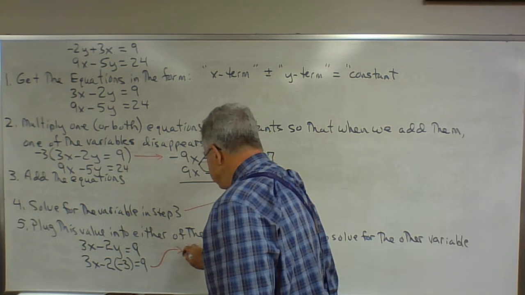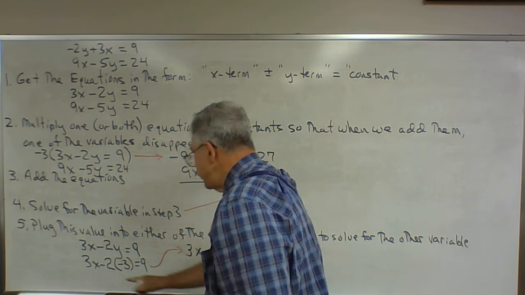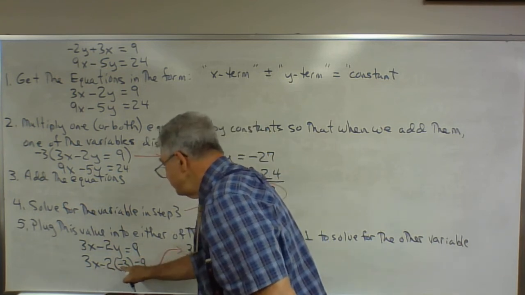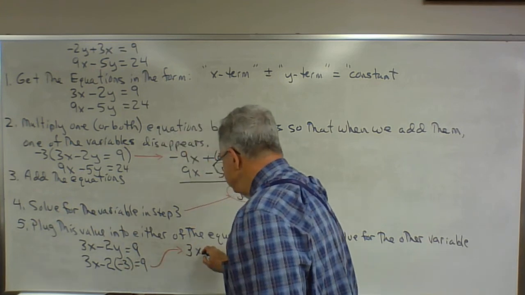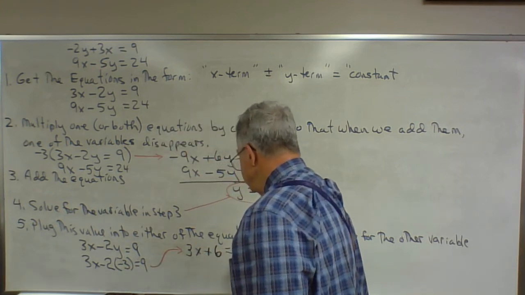That gives us 3x, negative 2 times negative 3 is plus 6 equals 9.